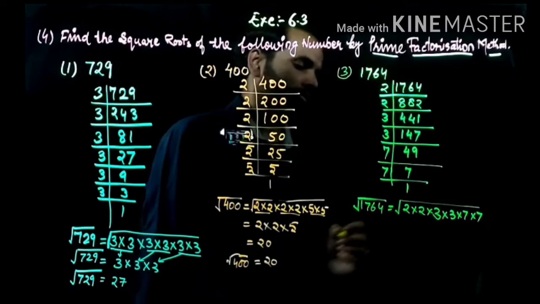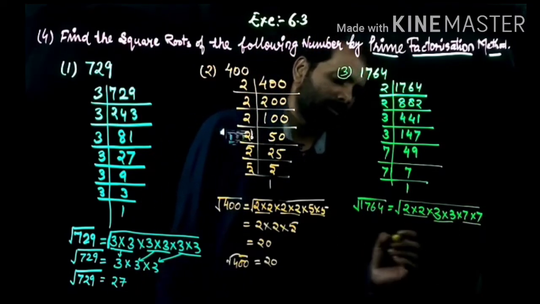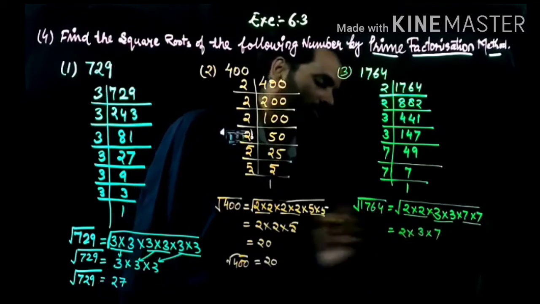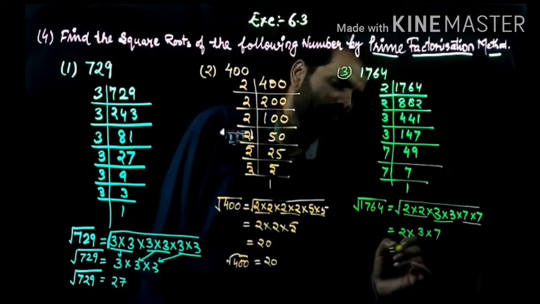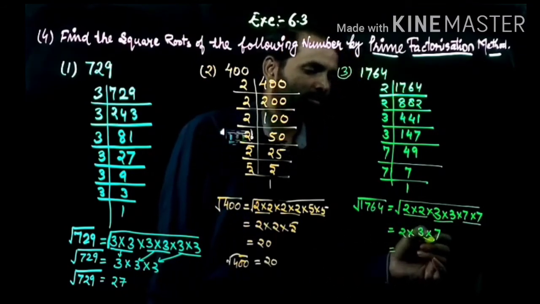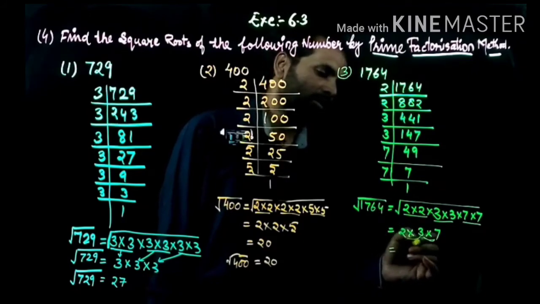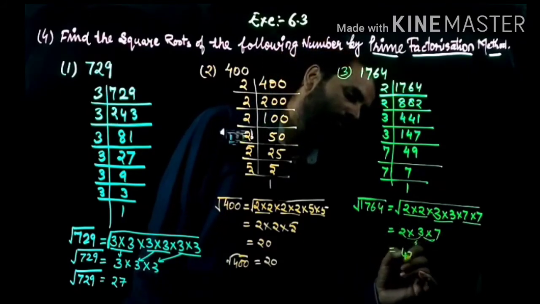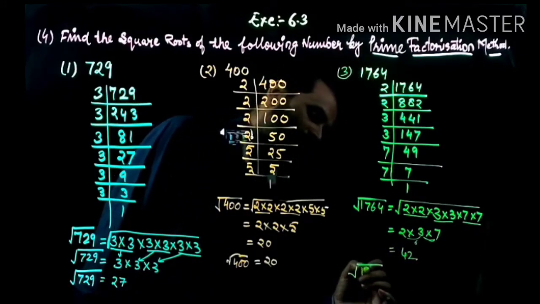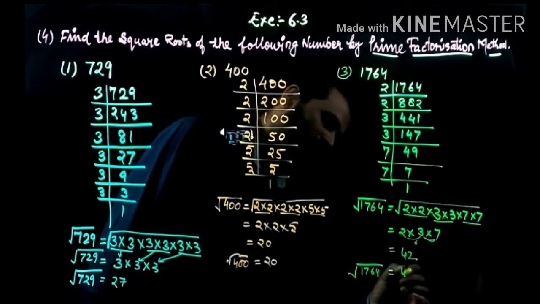Okay, now match the pairs, the first pair, second pair and third pair, that is 2 into 3 into 7. Multiply, 3 7s are 21, yes, 2 3s are 6 and 6 7s are 42. It means the square root of 1764 is 42.